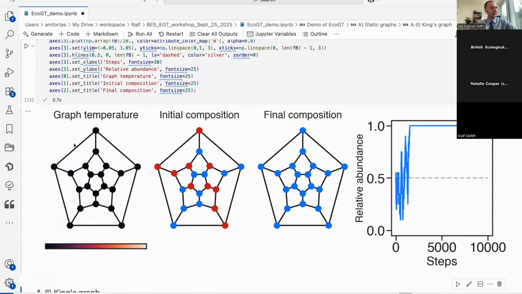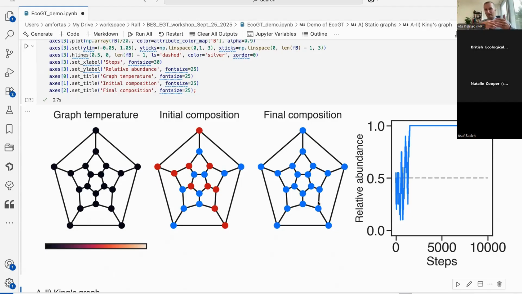you can see the dodecahedron has actually no variance in temperature. You have 20 nodes, and all of them have relatively very low temperature. This one started from a random initial composition of 50-50, and then you see the final composition. This is just such a tiny graph, and there's no variance in temperature itself, so you usually just get a competitive exclusion.